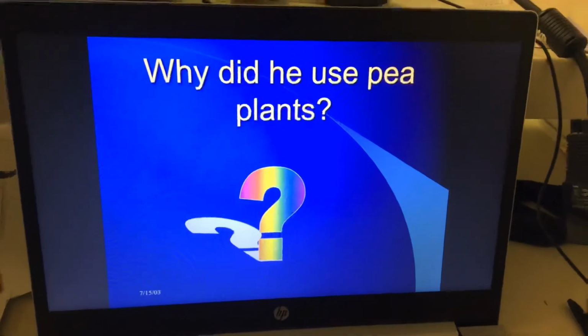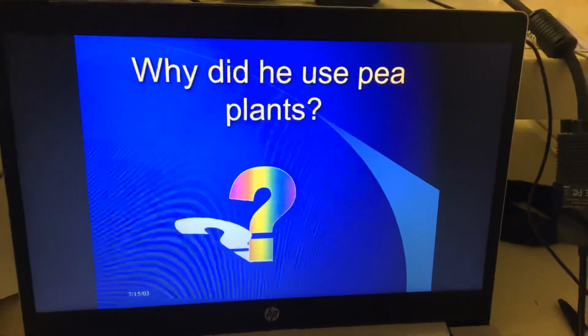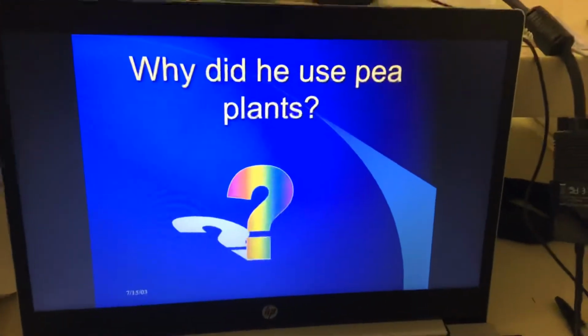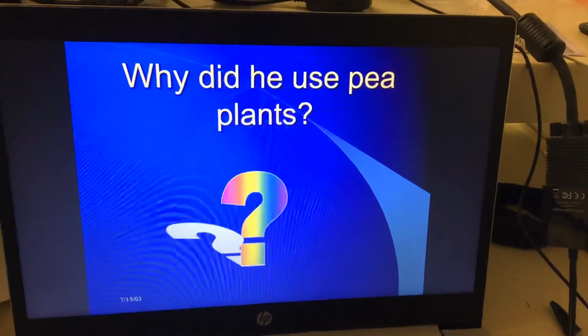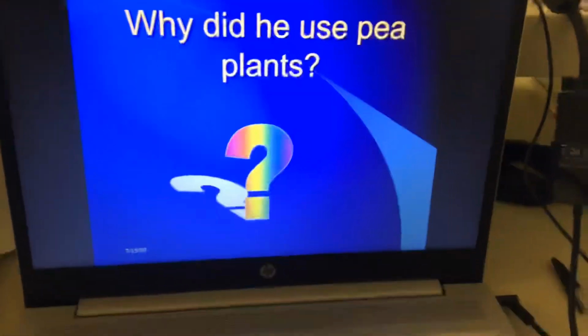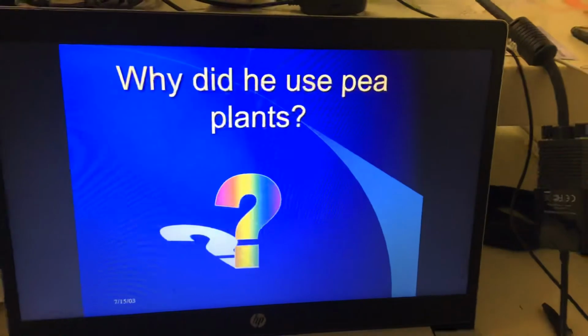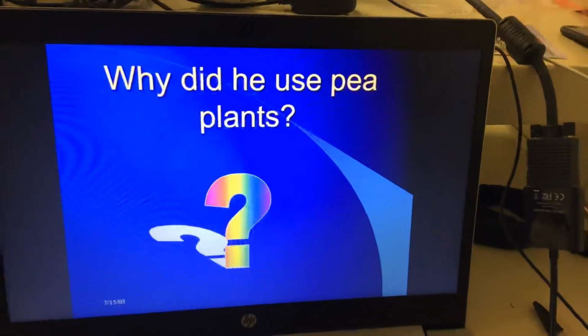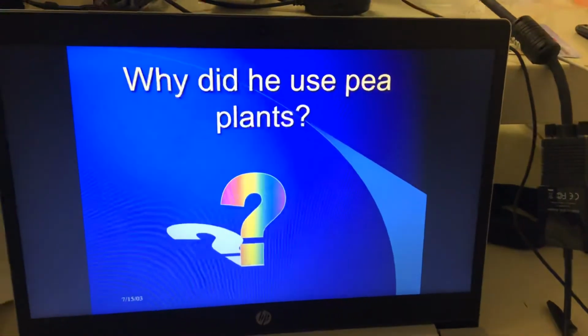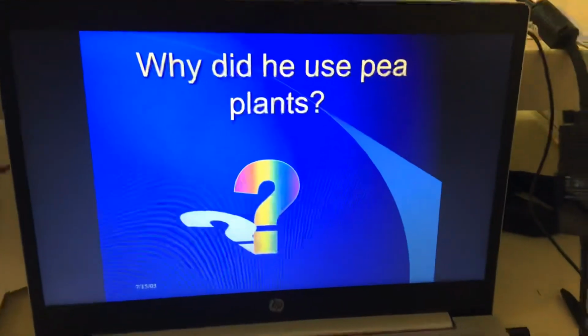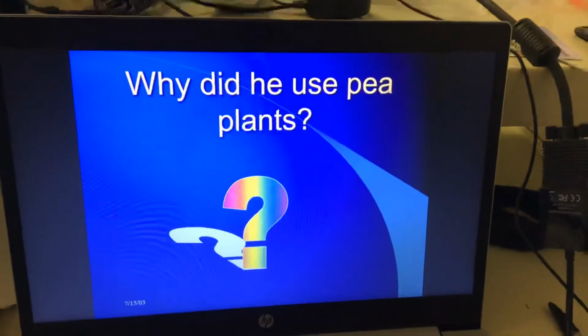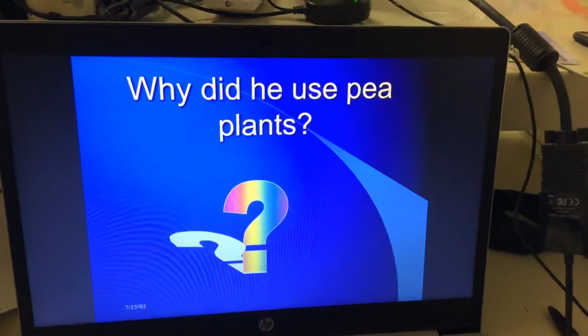When I was in high school, we did something similar with fruit flies. In, I believe it was my sophomore biology class, we were talking genetics, and we got fruit flies. There were some variations in the fruit flies. Some of them had single wings, and some had double wings on each side.